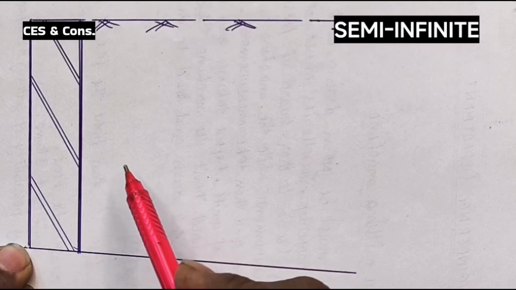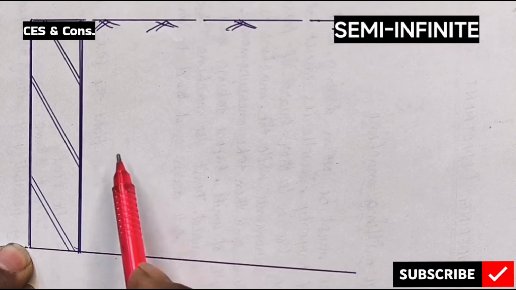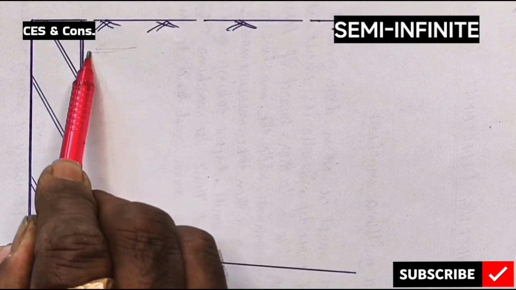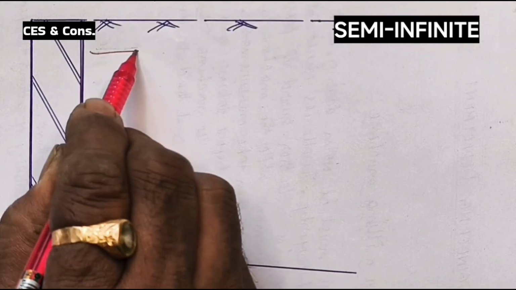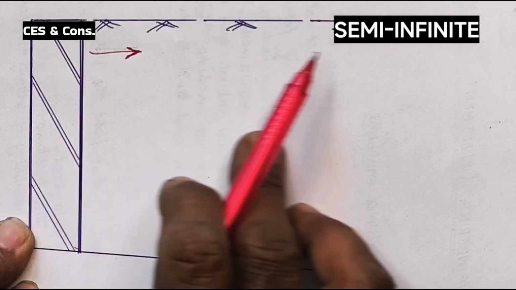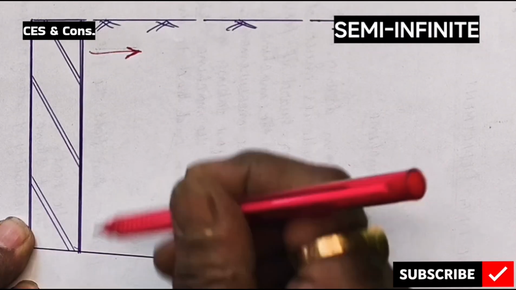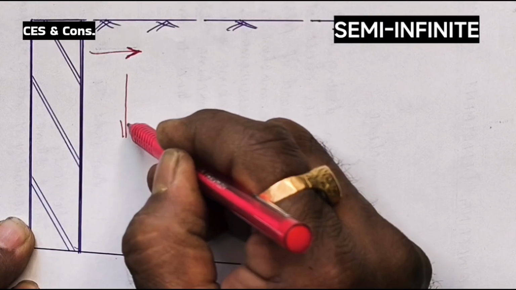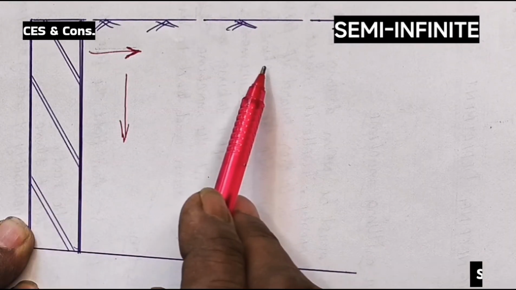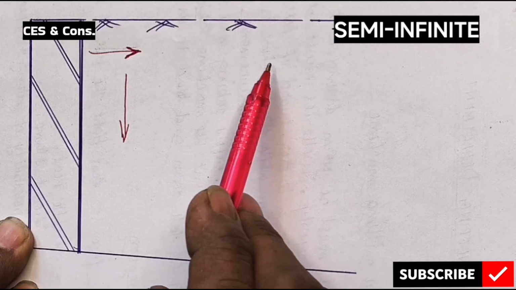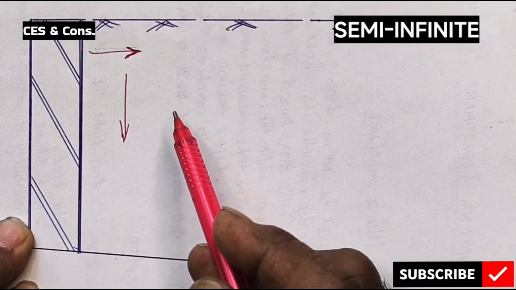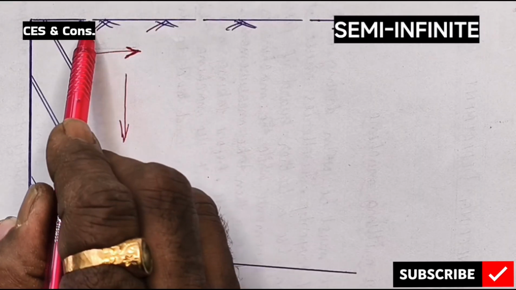The word semi-infinite means the soil mass extends to infinity in the horizontal direction. This is the horizontal direction. The soil mass will be infinite in the downward direction. So in the downward direction and in the horizontal direction, there is no limitation of this soil mass. But it has one free surface and that is the ground surface.